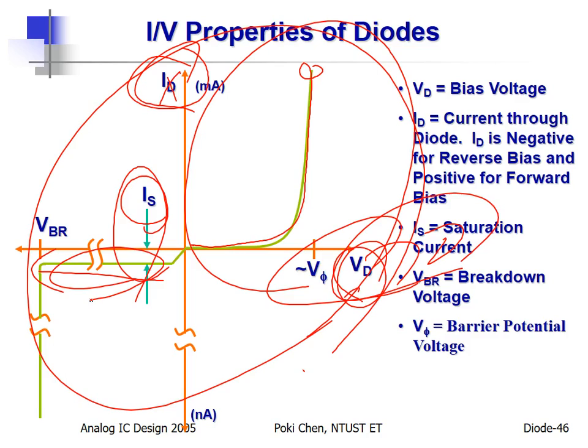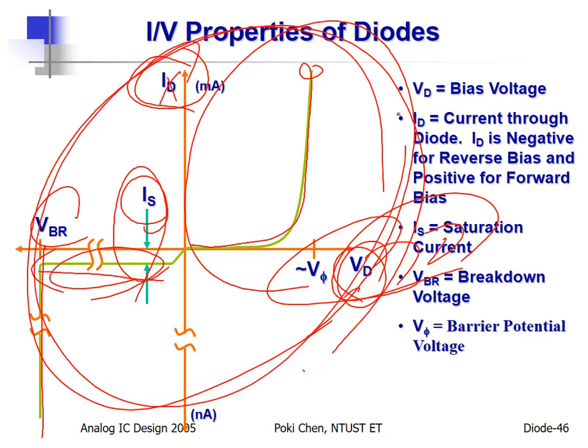Actually, it is not flat. It is a little bit tilted, okay? But almost flat, very close to zero. But after some voltage, it will break down. Wow, it conducts a lot of current. That's it. Bingo. That is all what you need to know.